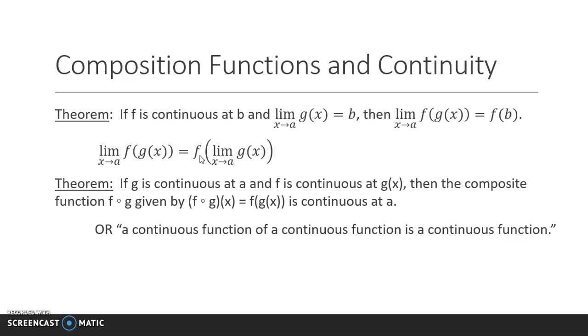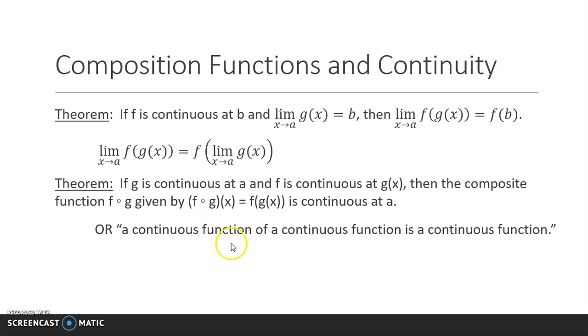So it can help us if we recognize a composite function. We can just do the limit of the inside and then evaluate. The next theorem says if g is continuous at a and f is continuous at all values of g of x, then the composite function f of g is continuous at a.